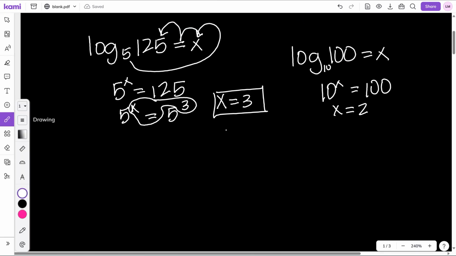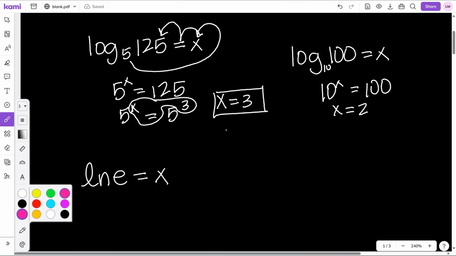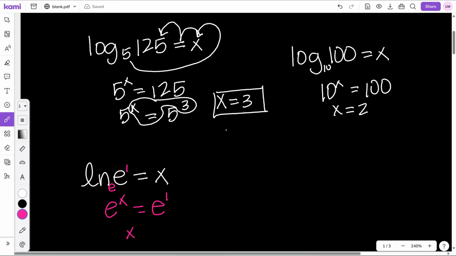If I see something like natural log, the base is e. So I have e to the x equals e to the first power. If there's no power there, we write a power. So x has to be 1.